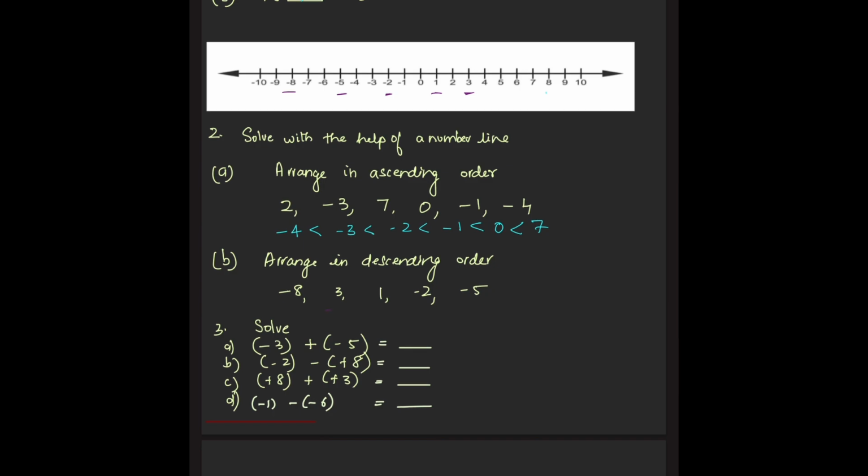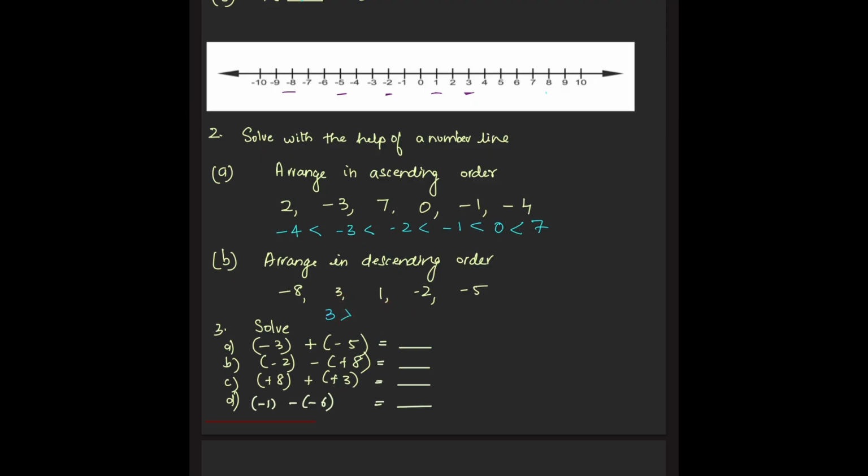+3. Oh, I didn't leave space over here. +3. Mind the signs. Look at how I've written the sign. For ascending, this is because this is the smallest, the larger one. It opens towards the large. Now this is the largest because we're writing descending. The largest number will come first.